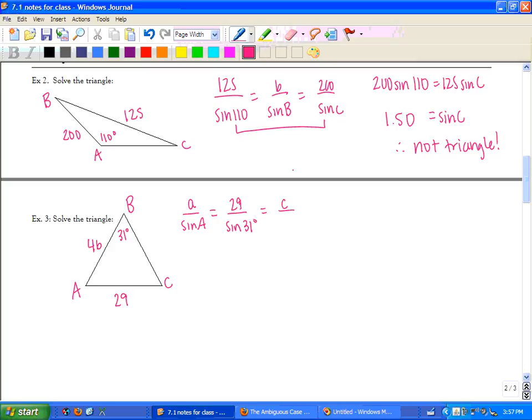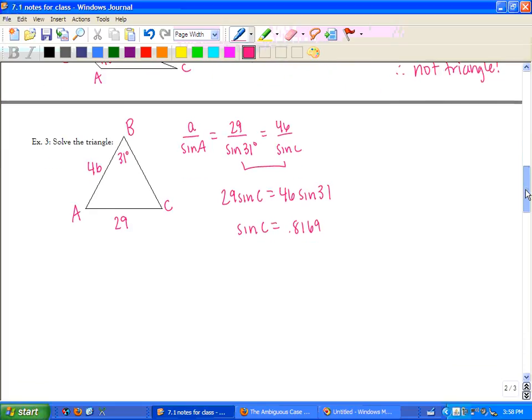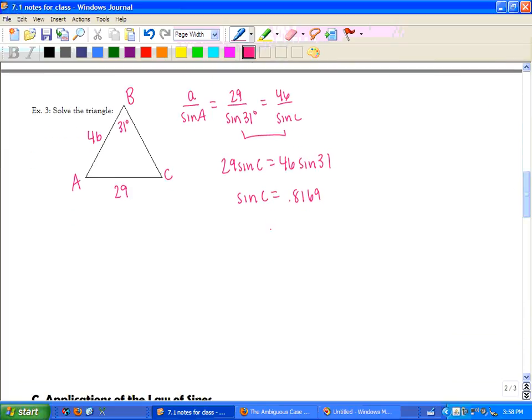So little c would be 46 over sine c. So obviously we have to solve these last 2 first. And so we'll have 29 sine c equals 46 sine 31. So we get that the sine of c equals 0.8169, which is good. So that means that we are going to get an answer out of this one.